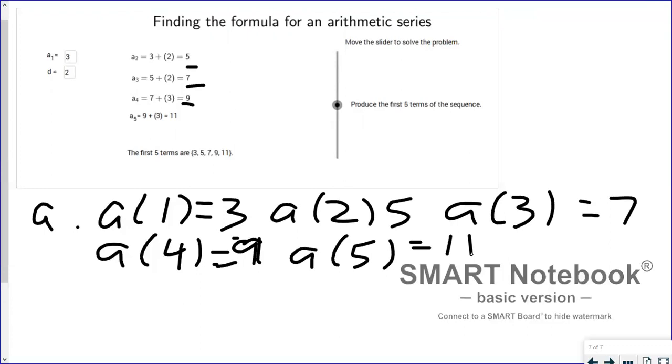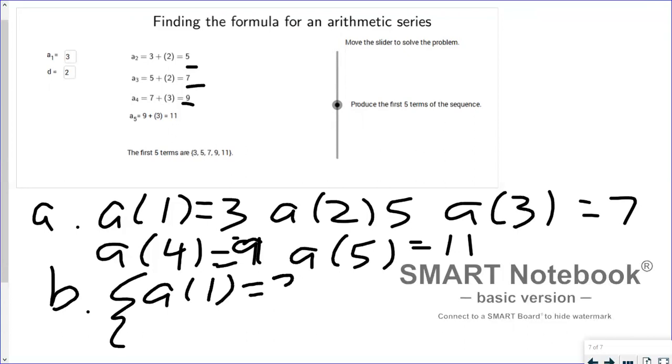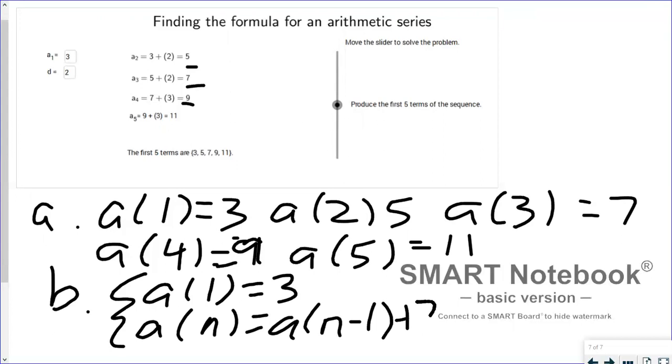For part B, it wants the recursive formula. So recall, it's just my A1, which in this case is 3. Let me write An equals An minus 1 plus 2.